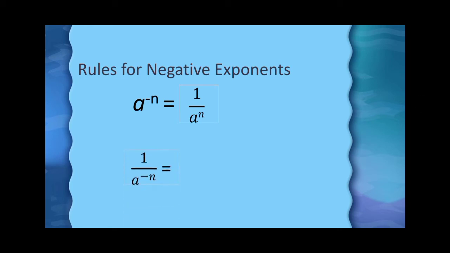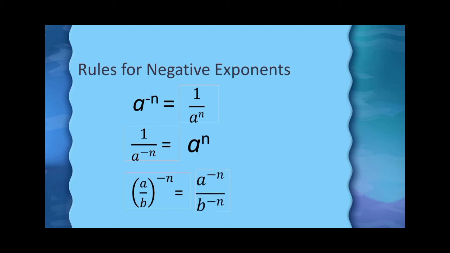Then, second, 1 over a raised to negative n is equal now to a raised to n. Then, negative nth power of a over b is equal to a raised to negative n over b raised to negative n.